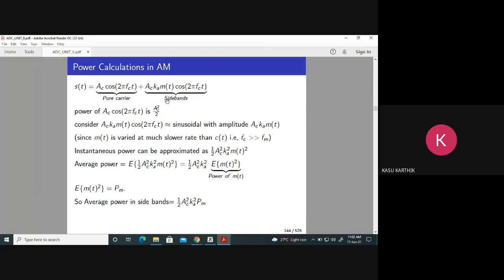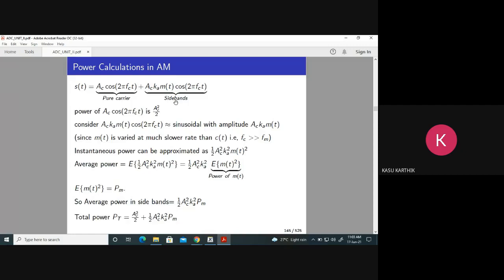Now, what is the power of the signal? Simply Ac square Ka square into Pm by 2. The power of this pure carrier is Ac square by 2. The power of the sidebands is Ac square Ka square m(t) whole square by 2, otherwise Ac square Ka square Pm by 2. What is Pm? It is the power of the message signal. Now you have got two powers separately. What is the total power? This power plus this power.